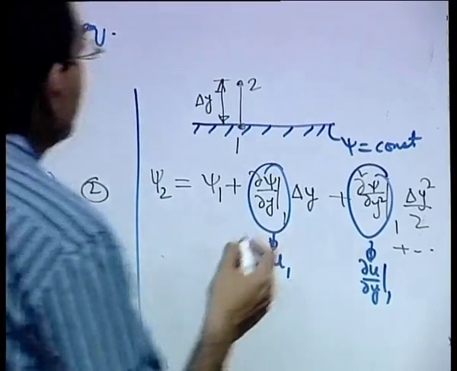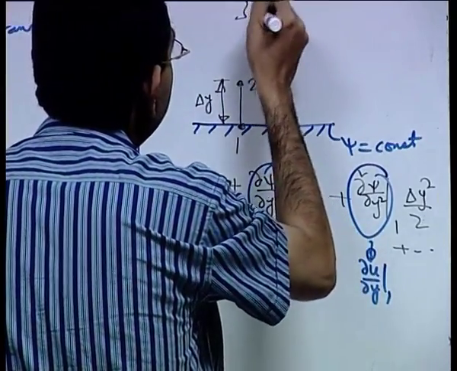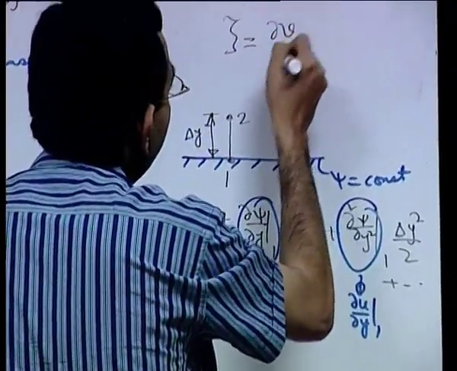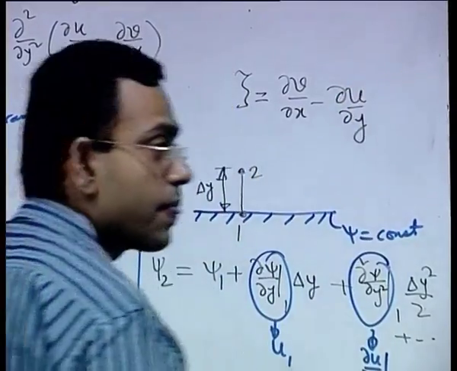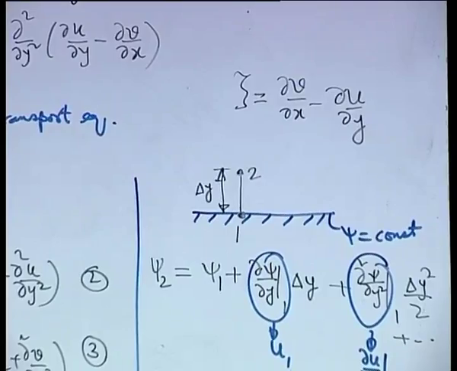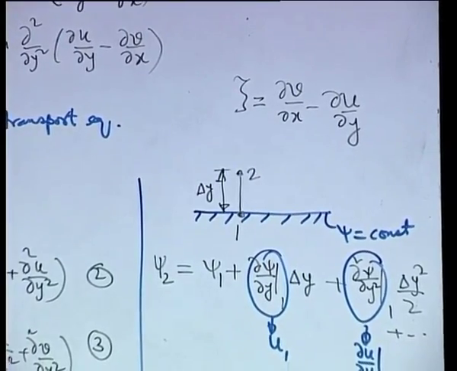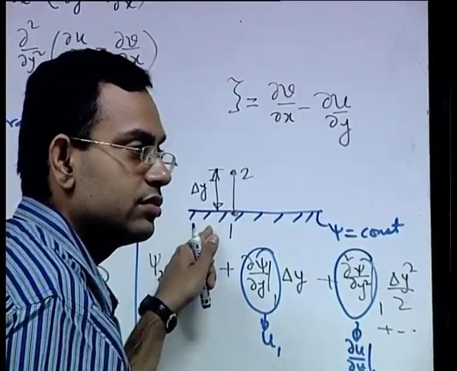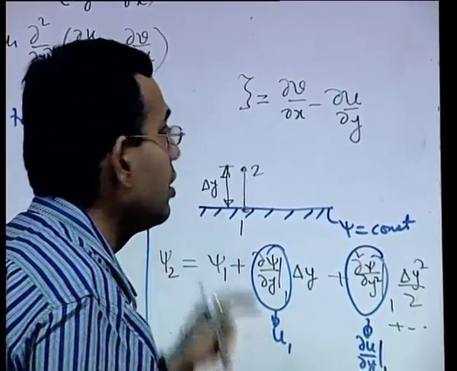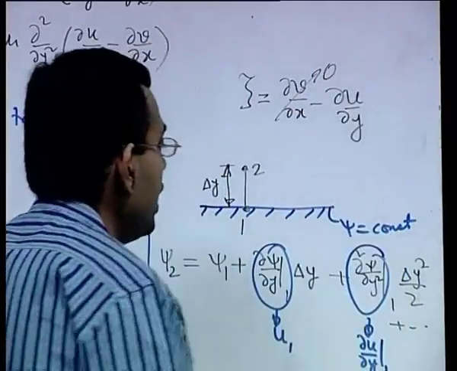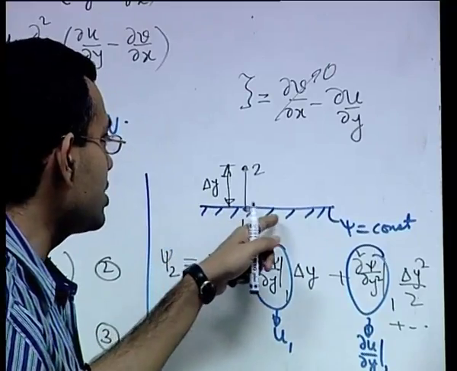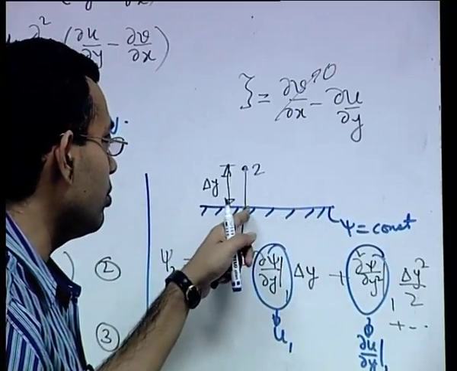Remember that we have defined zeta as del v del x minus del u del y. What is the value of v at 1? 0. So you do not have any del v del x, because v is constant along x at 1.